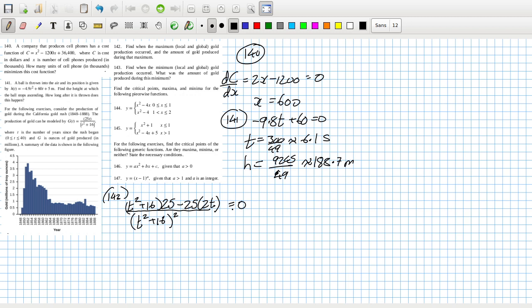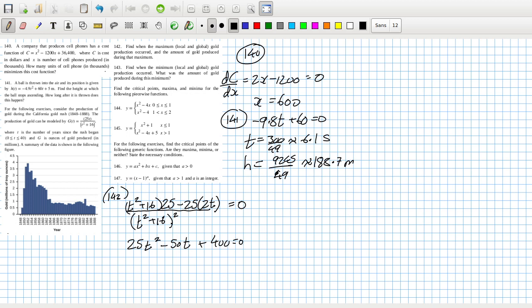That needs to equal 0. So 25t squared minus 50t plus 16 times 25 is 400 equals 0. And the solution to this quadratic is imaginary.